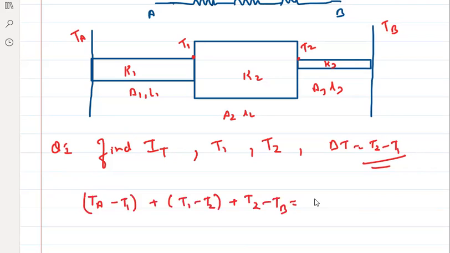Got it? And this is equal to TA minus TB. Makes sense?